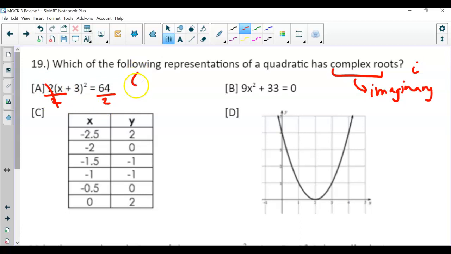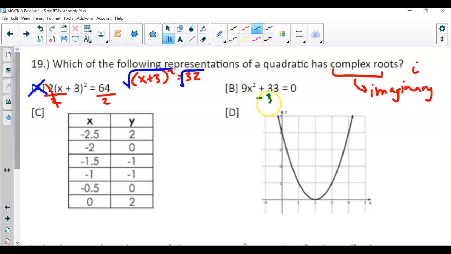So now I've got here, x plus 3 to the second power is equal to 32. Then take the square root. Well, I'm taking the square root of a positive value. So really, do I end up getting an imaginary solution? No, I'm going to end up getting a radical, but it's still positive and real. My answer is not A.